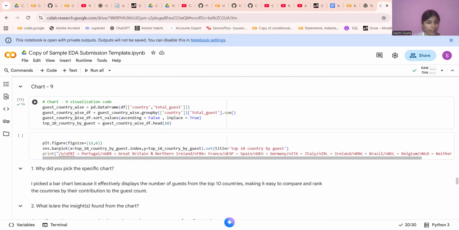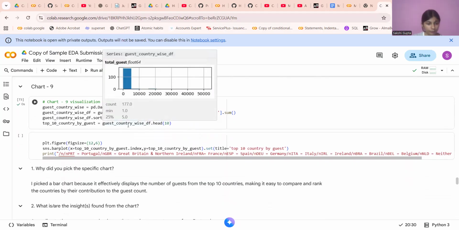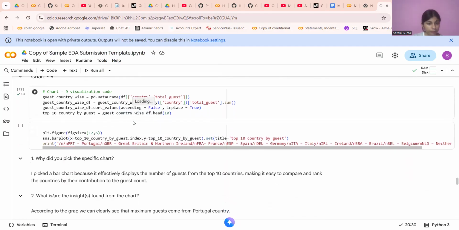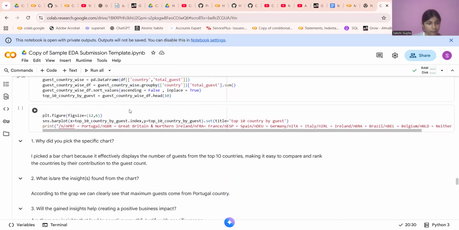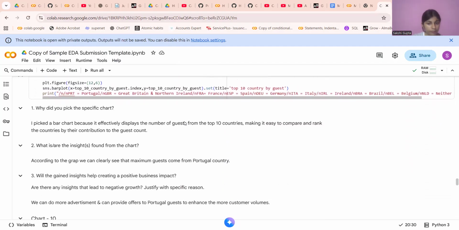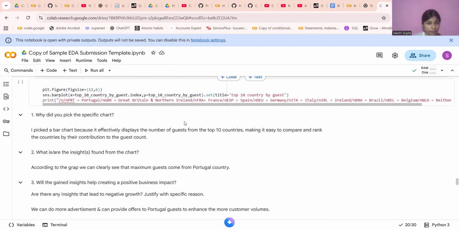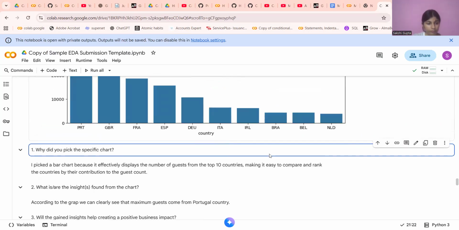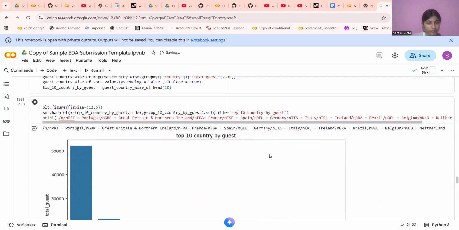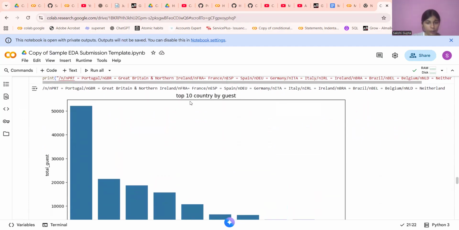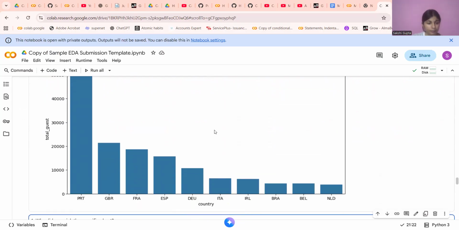Now moving to the ninth chart. This is a bar plot chart based on the top 10 countries by guests.